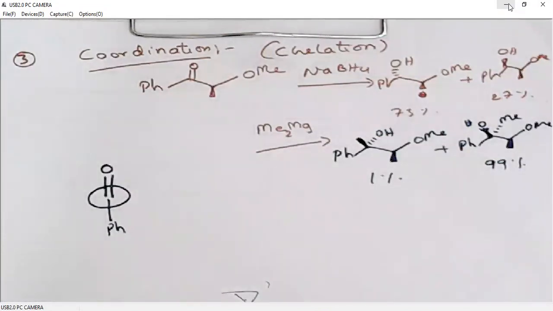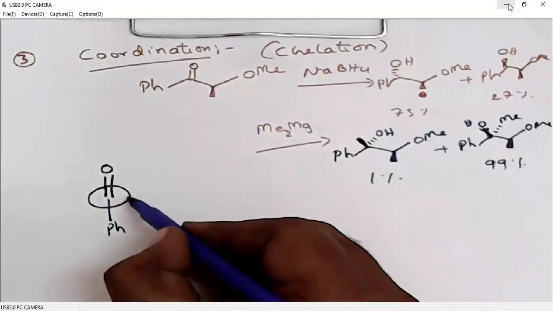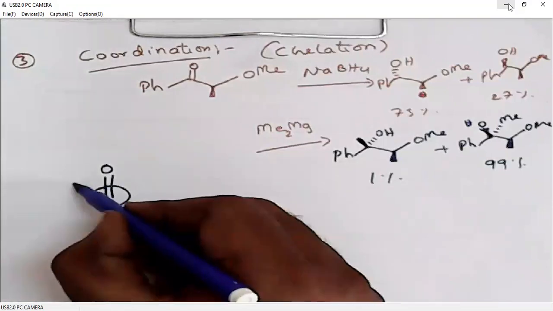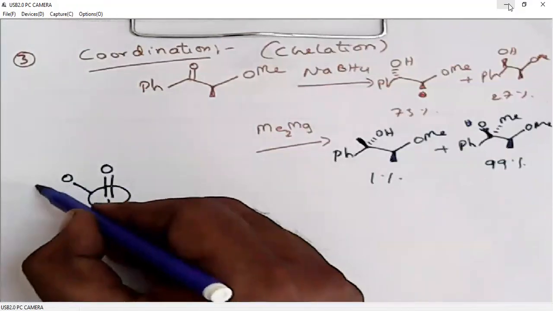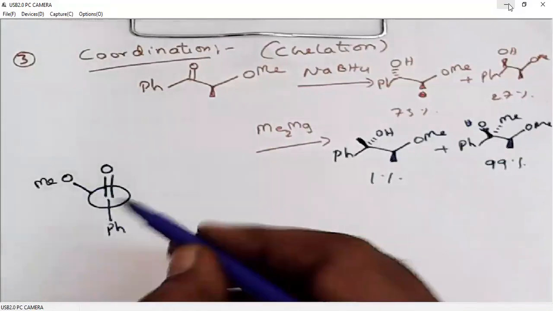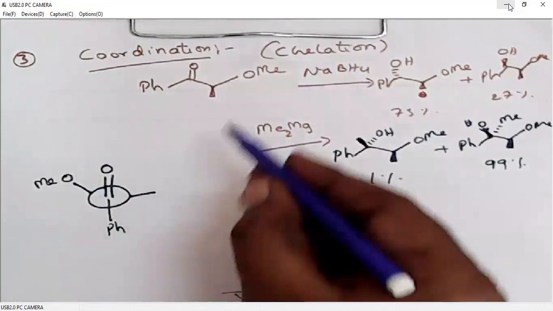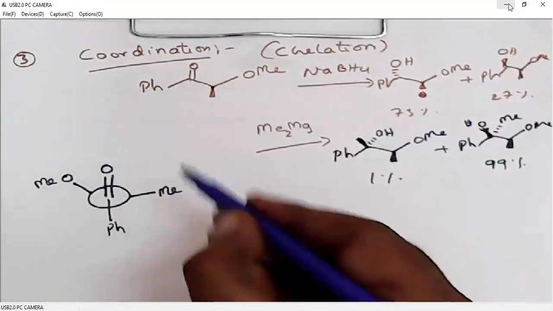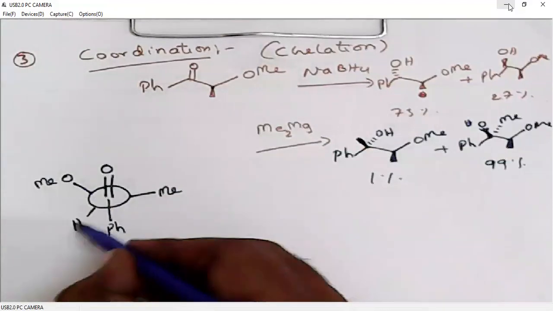But when we have chelation, we should not keep the more electronegative atom here. What we should do is keep the more electronegative atom here, that means in the place of the medium-sized group. Then of course the large group, here it is a methyl group, and the small group, of course, is hydrogen.